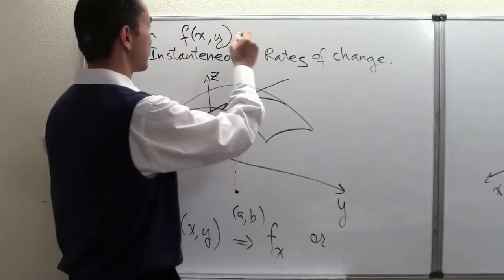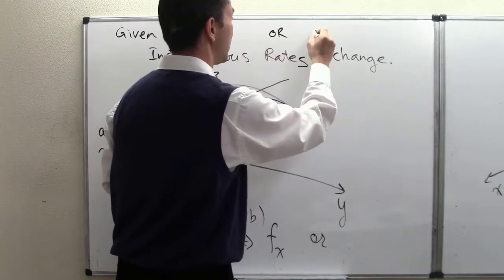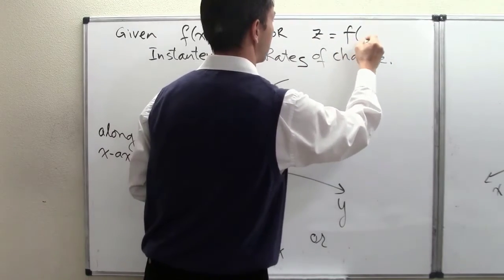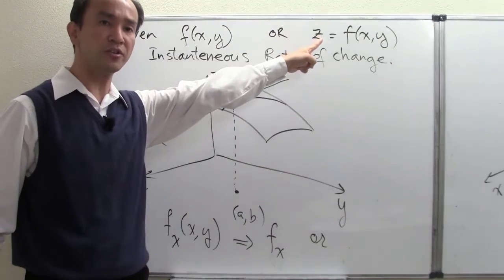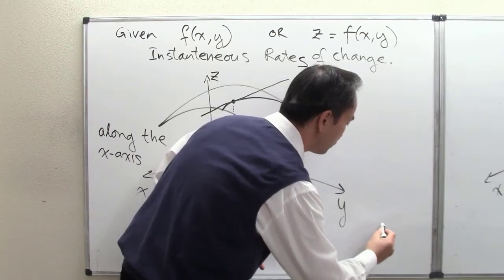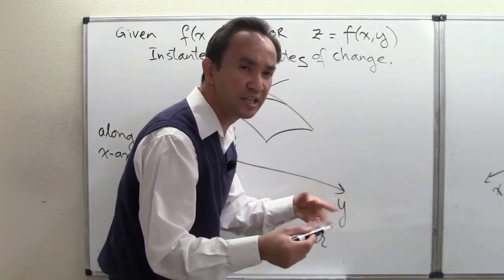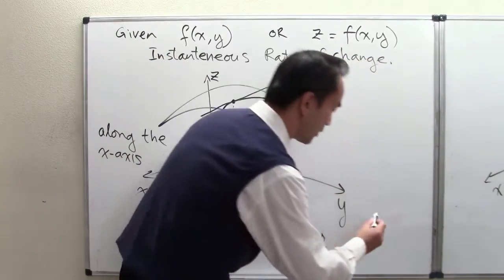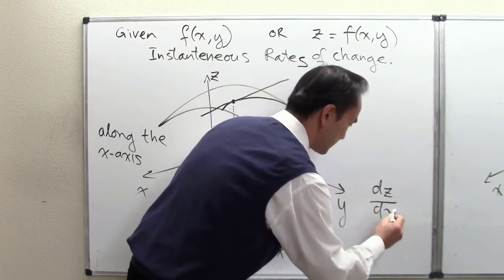Think about our function in the beginning, written in equation form: z equals f of x, y. We're so familiar with dy/dx and dz/dx. Z is a function, x and y are the two variables. So writing dz/dx is close enough.